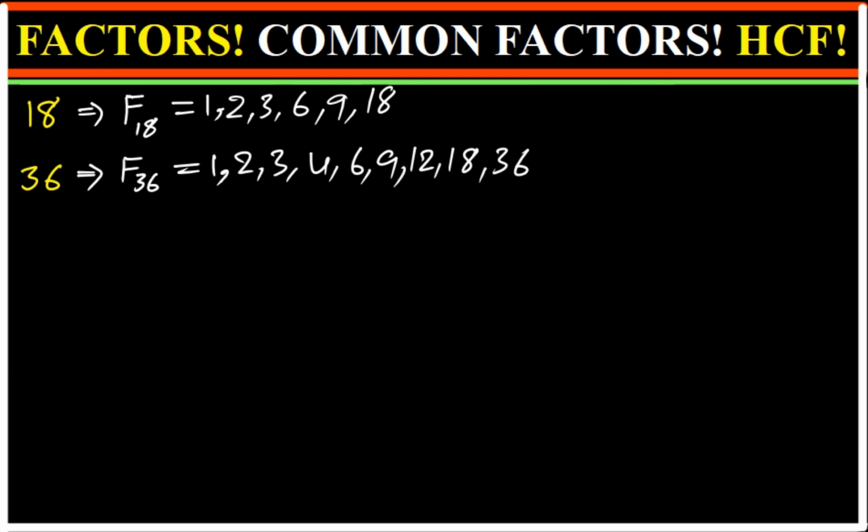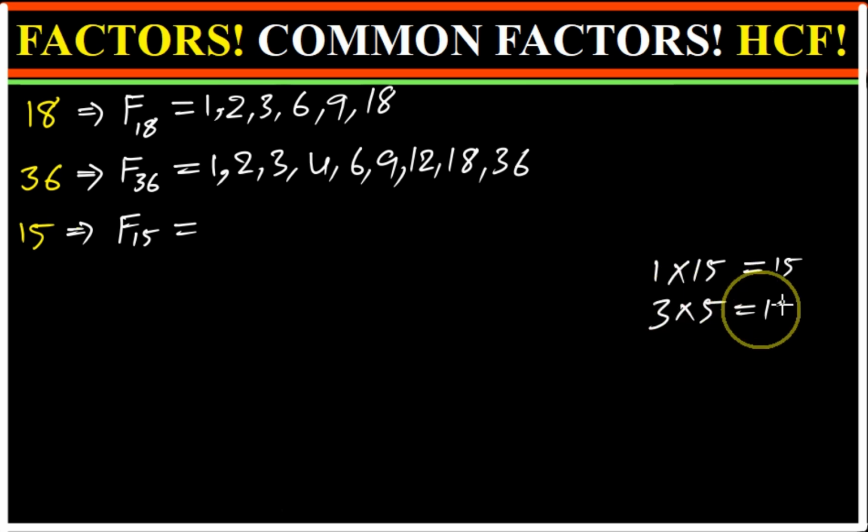Now let's take another example: 15. What are the factors of 15? We'll see in which tables 15 comes. It comes in the 1 table: 1 times 15 is 15. It doesn't come in the 2 table. It comes in the 3 table: 5 times 3 is 15.